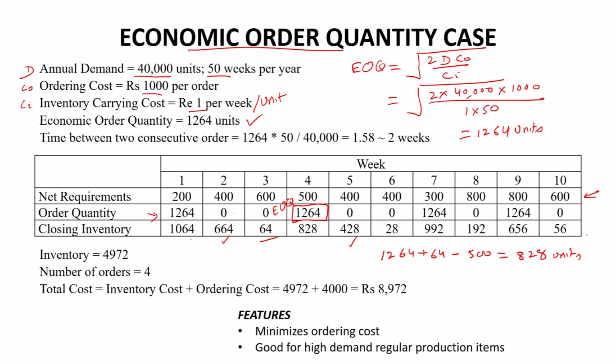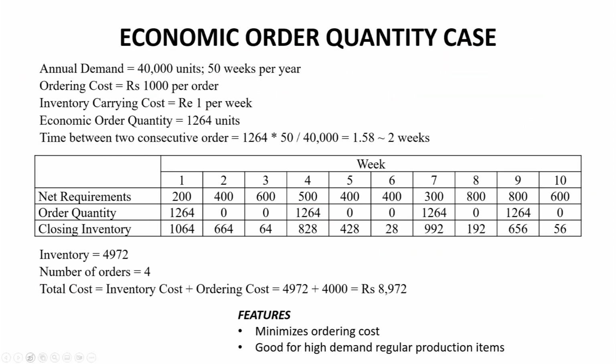In this way I can work out the inventory at the end of different periods. And how many orders have we placed? 1, 2, 3, 4. 4 orders are placed. So, the number of orders is 4, and 4 into 1000, that is 4000, is the ordering cost.